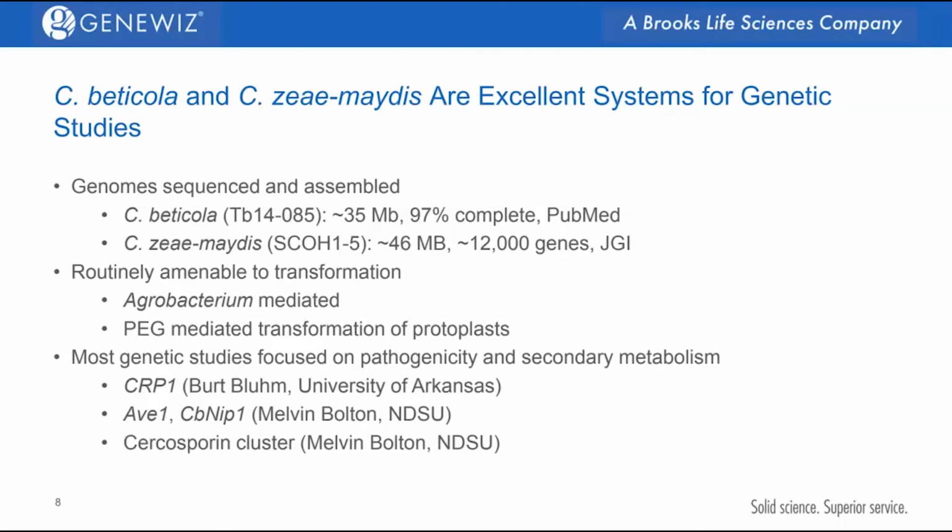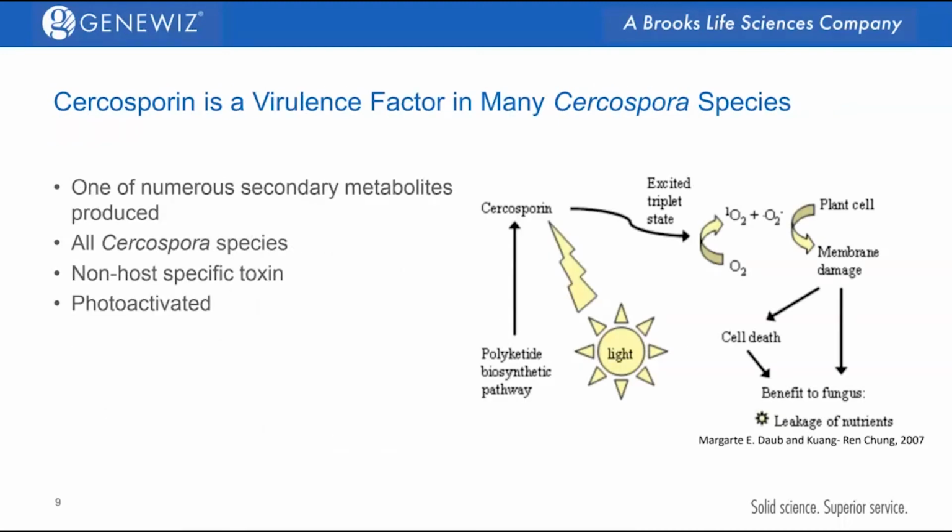Also, Melvin Bolton's group at NDSU focuses a lot on the cercosporin cluster in Cercospora species, specifically Cercospora beticola, which I'm going to go into, introducing you to what is cercosporin.